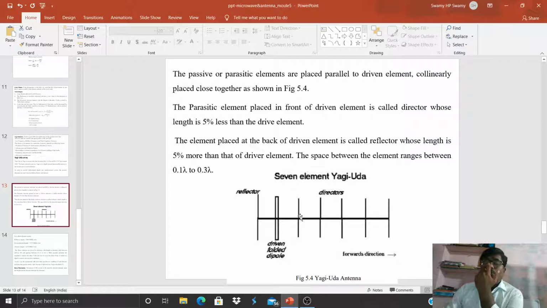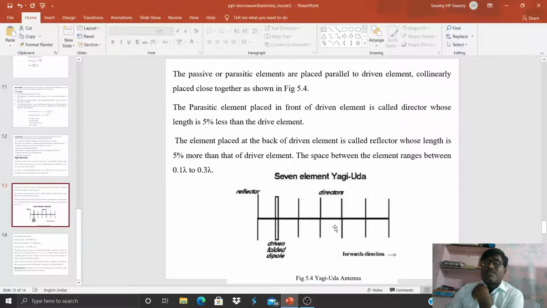These elements are called passive or parasitic elements. These elements are placed parallel to the driven element. All these elements in this Yagi-Uda are parallel to each other, placed close together.